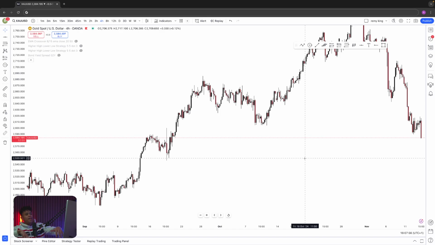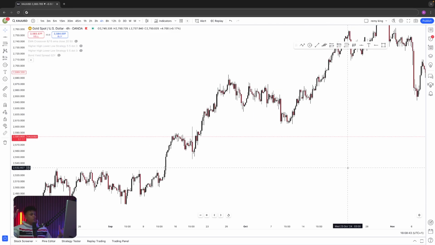I like to draw in everything on a higher time frame, like the 4-hour, in order to have a better understanding of the market and to be even more precise with my support and resistance areas, in order to not get tricked by those so-called liquidity sweeps on a lower time frame.